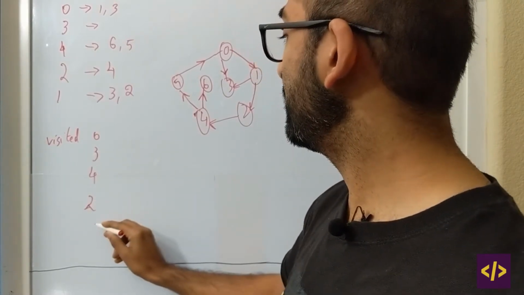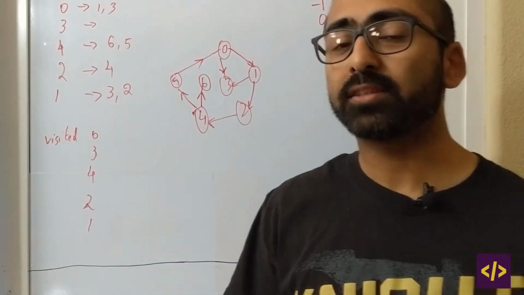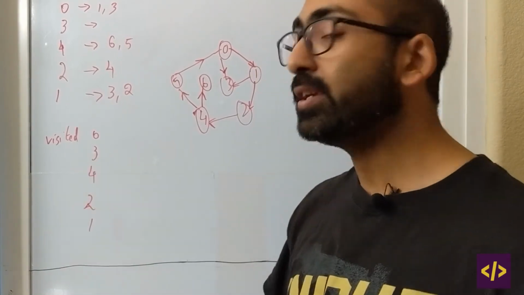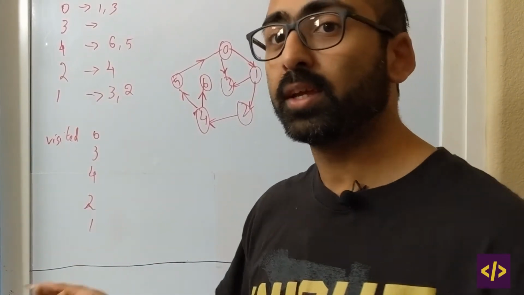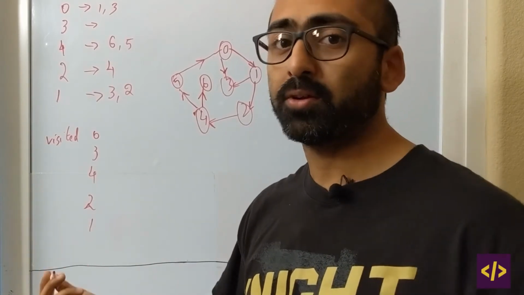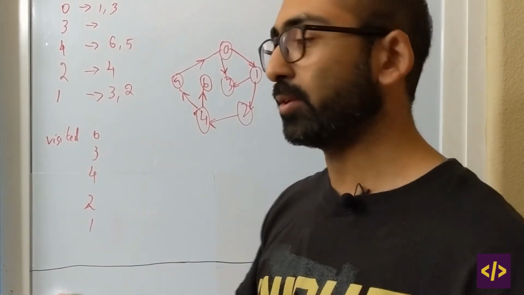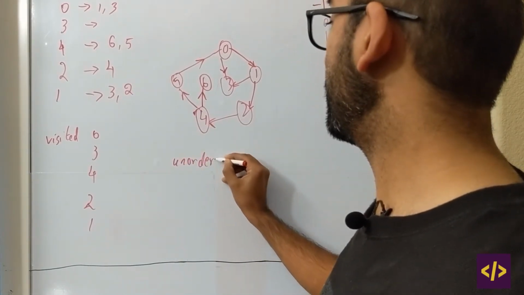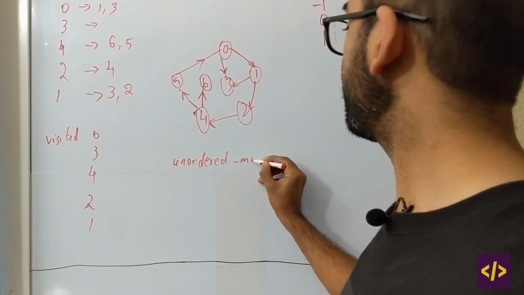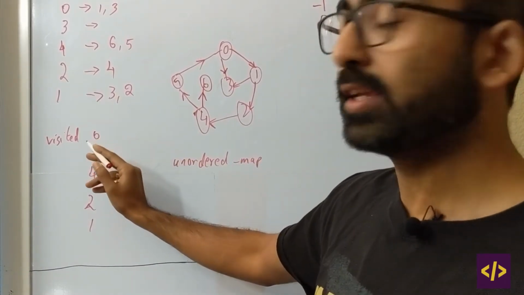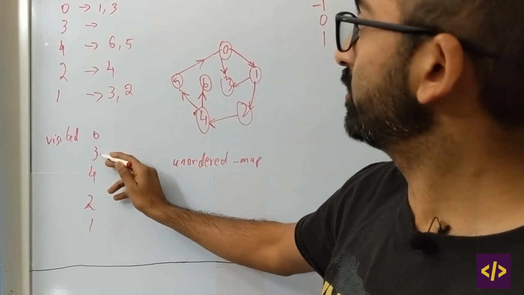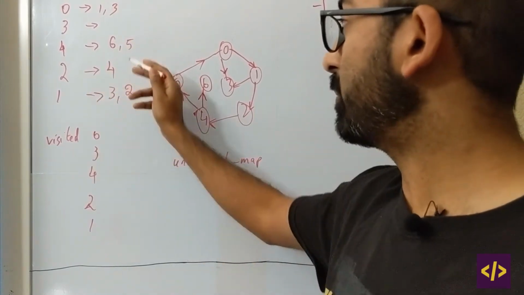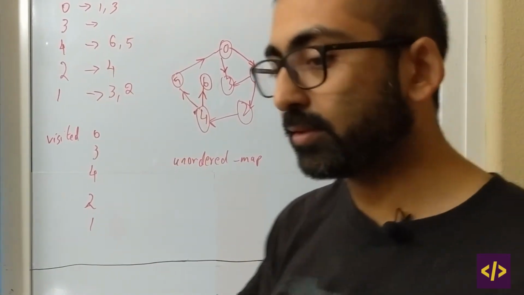You could have the index using this, or you could have a hash map, and these could be your keys. Those don't have to be in order. This can be in any order that you want. If you are using C++, you would be using something called an unordered map. So if this is a key, it would map to this. 3 maps to nothing, 4 maps to 6 and 5, 2 maps to 4, 1 maps to 3 and 2. So that's unordered maps.